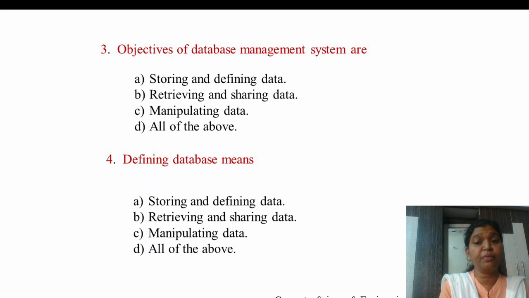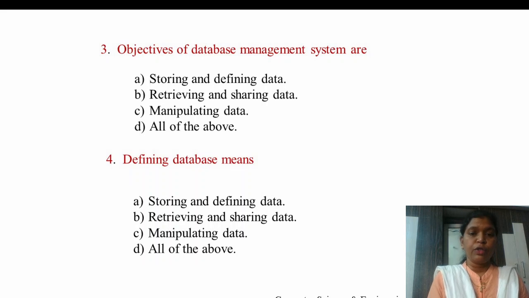Third: objectives of database management system are storing and defining, retrieving and sharing the data, manipulating the data, all the above. Which are those? Quick. Okay. Fourth one: defining database means storing and defining the data, retrieving and sharing the data, manipulating the data, all the above.